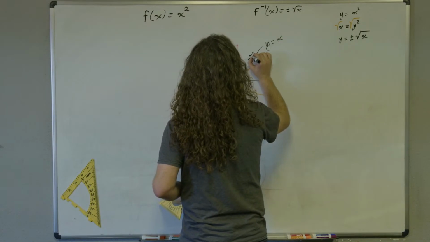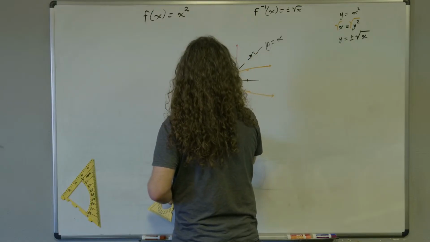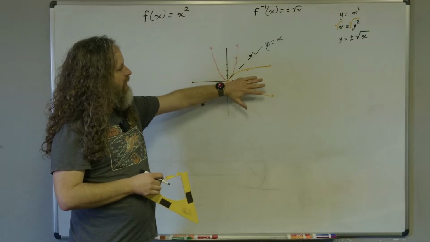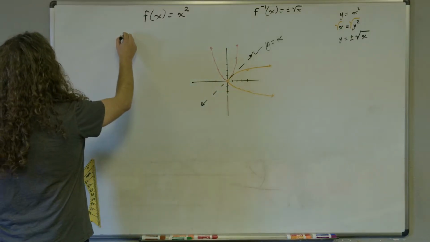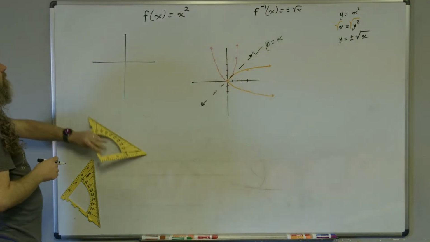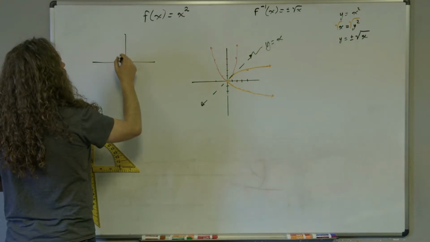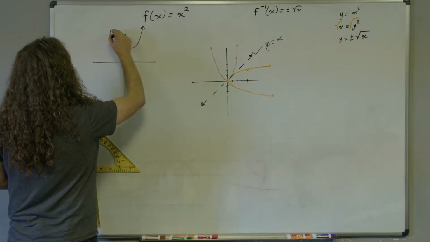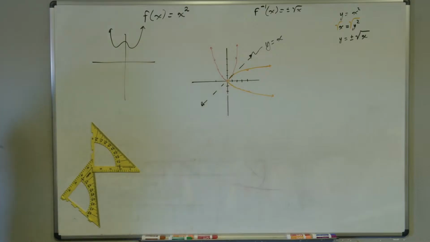Visually, what happens graphically for an inverse is it reflects over the line y equals x. So if we have something like this, let's make something up. If we have maybe this guy, which is totally something you may have to do pretty soon, right?